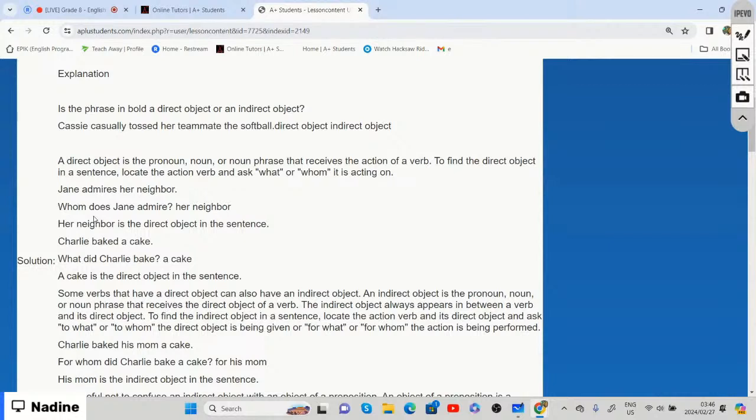It appears between a verb and a direct object. To locate it, we ask ourselves to what or to whom the direct object is being given, or for what or for whom the action is being performed.